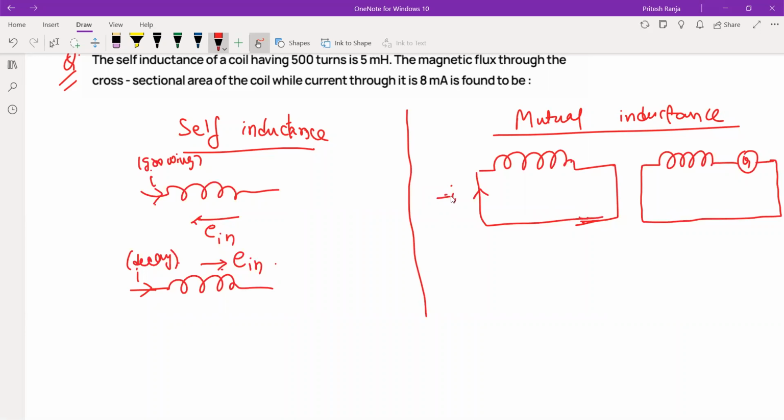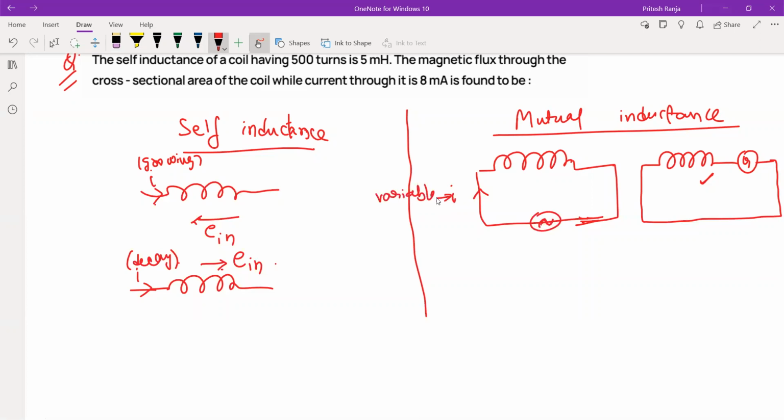If this current is constant, will any EMF be generated in it? The answer is no, because if the current is constant, then relative motion is required. Now, if I do not want any relative motion to be involved, I will connect it to a variable source, which means the current is variable.